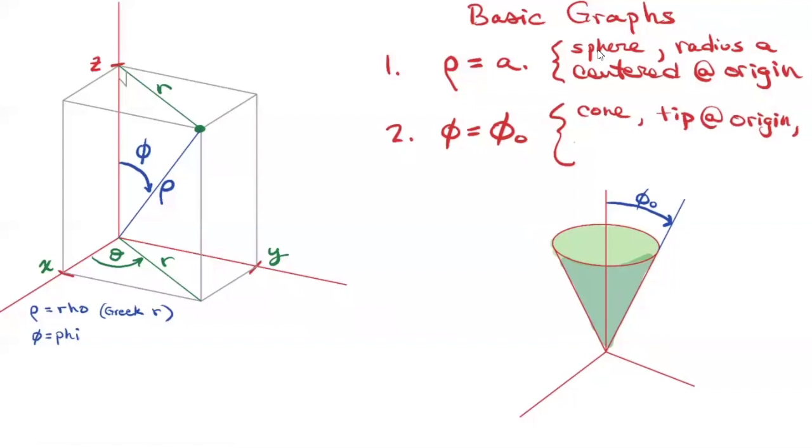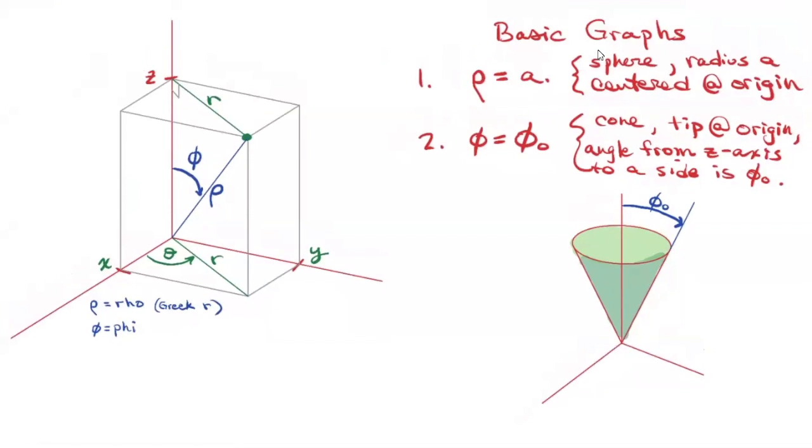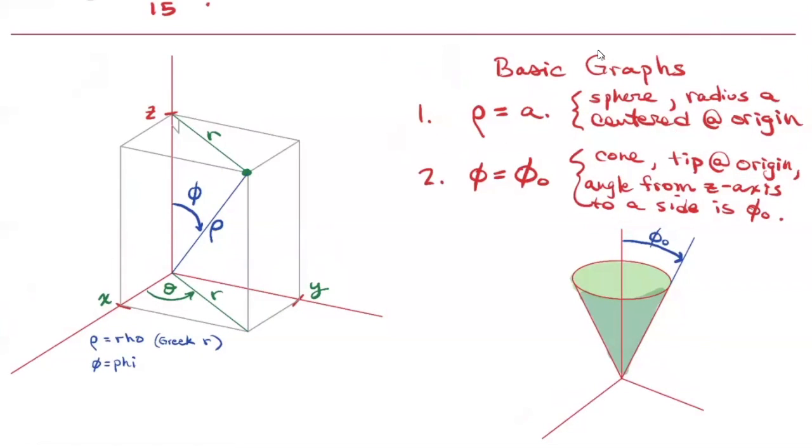And the angle from the z-axis to a side is phi naught. Okay, so those are your basic graphs, what I sometimes refer to as the fundamental graphs.